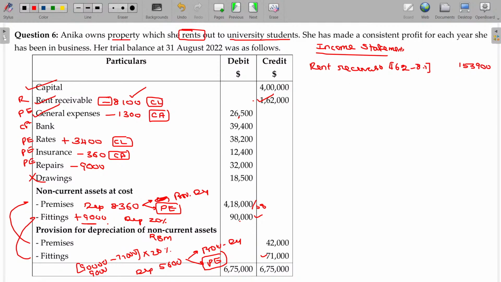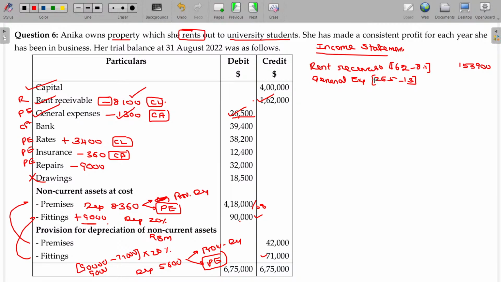This one is over, but you have to write the current liabilities later. Then general expenses, being 26,500 minus 1,300 to be subtracted. I write 1,300 in short.